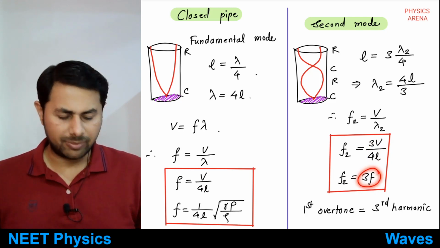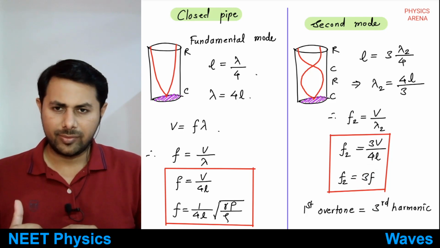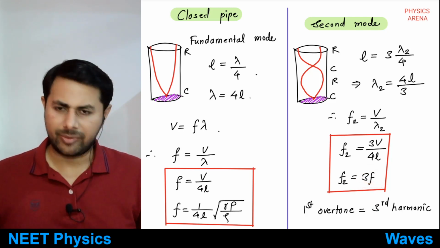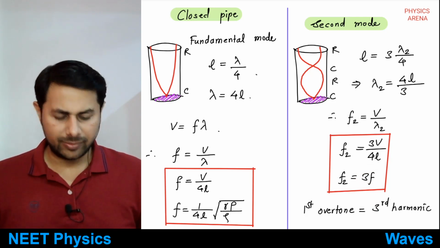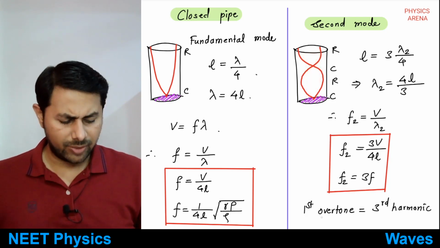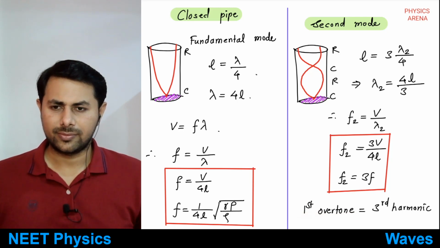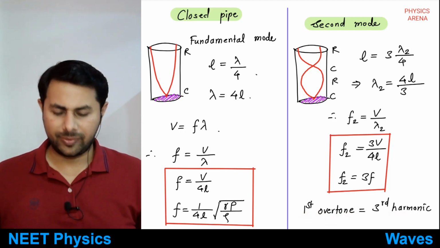So this is the third harmonic because it is just 3 times the fundamental frequency, but it is the first frequency higher than the fundamental frequency with which this air column can vibrate, and therefore it is known as first overtone. Okay, good. So first overtone here is third harmonic, right?